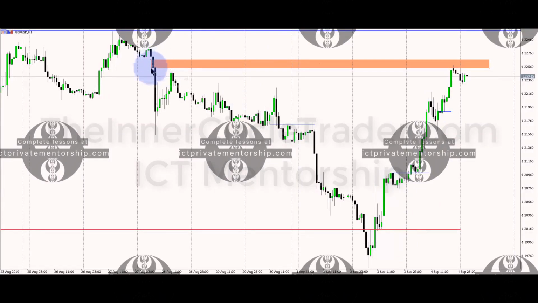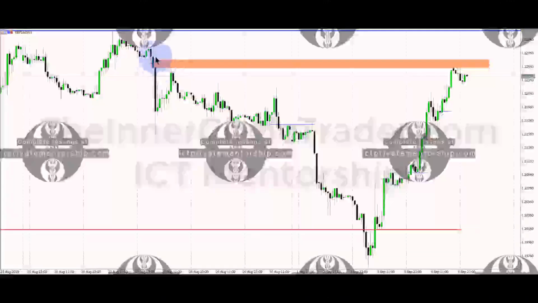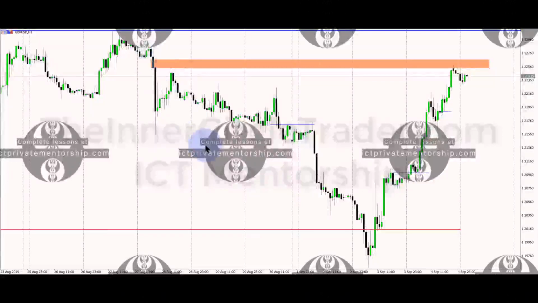Now, this may not be determined as a large imbalance for you, but on an interbank level, there's plenty of money that's being offered in this range right here. And that's the reason why IPDA will go back to that area, because those that are in the know will have their orders waiting at that level because they understand how the algorithm will allow them the opportunity to get in sync with order flow from the interbank level.